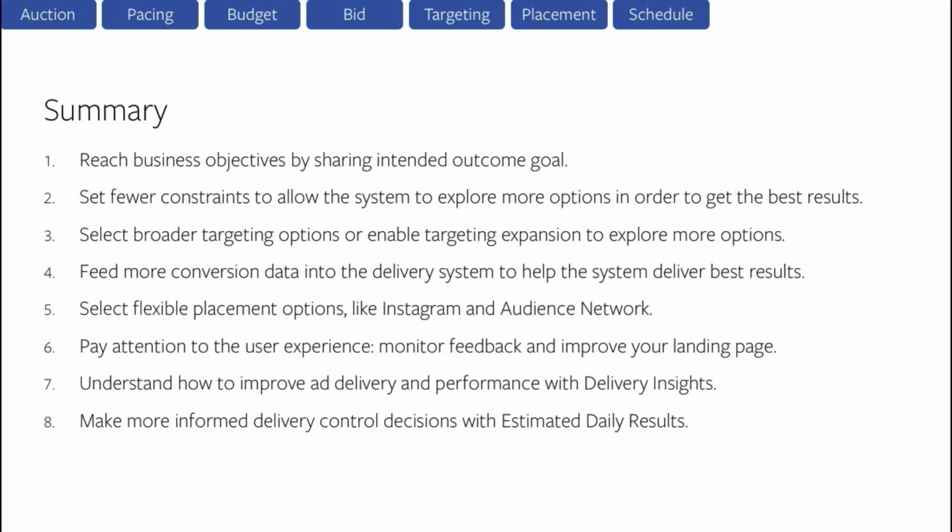Step 5, select flexible placement options like Instagram and Audience Network. Step 6, pay attention to the user experience, monitor feedback, and improve your landing page. Step 7, understand how to improve ad delivery and performance with Delivery Insights. Step 8, make more informed delivery control decisions with estimated daily results.